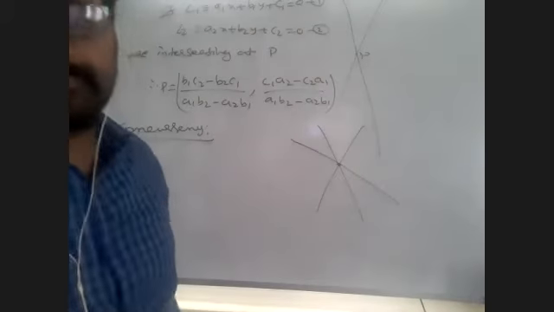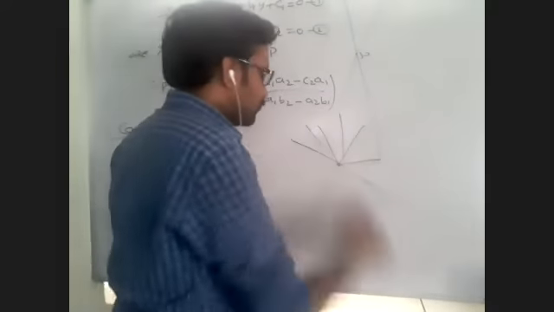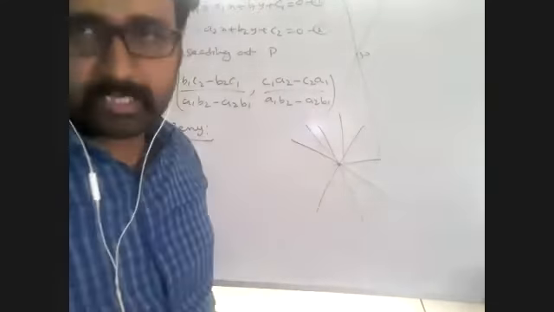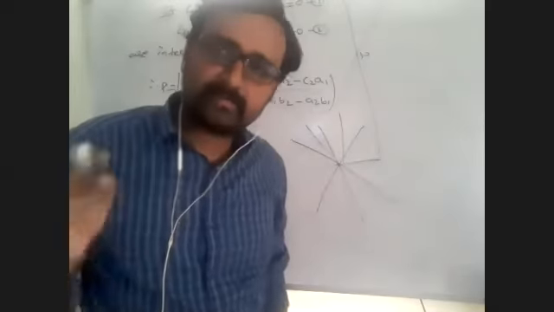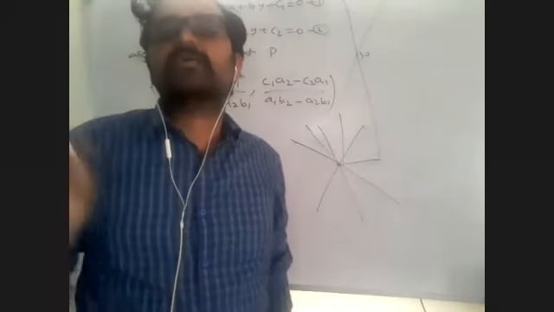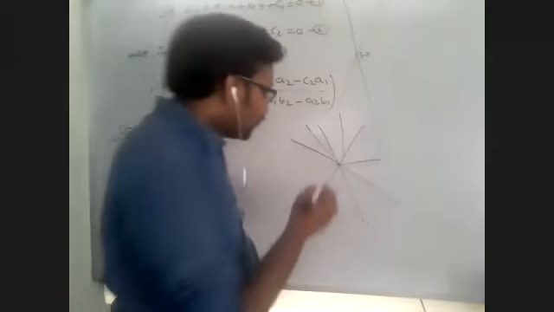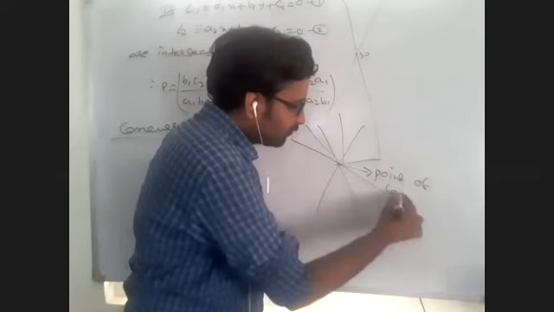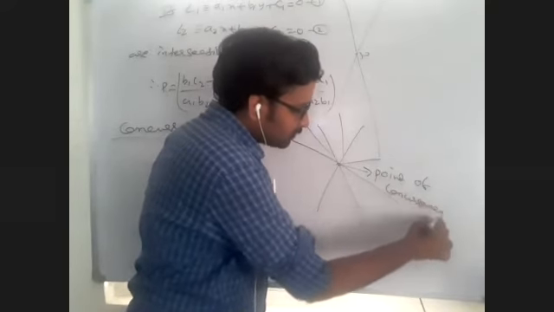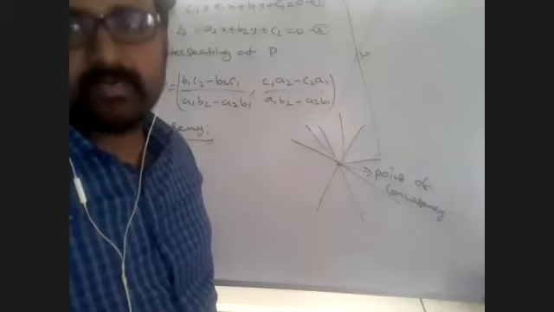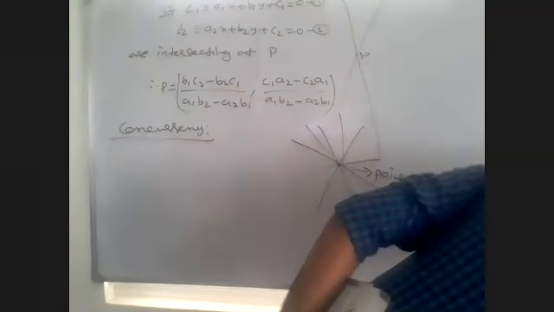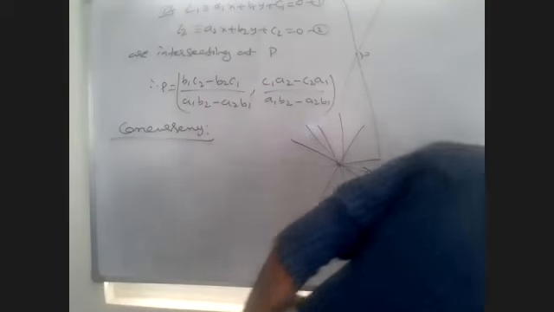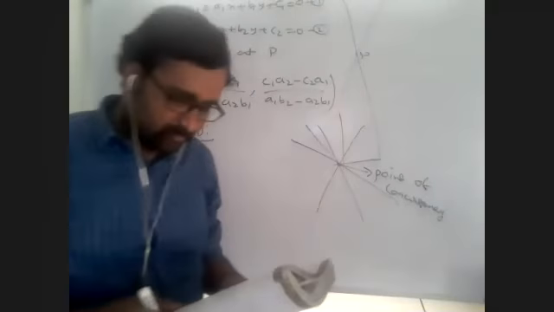Three minimum or more lines passing through the same point are called concurrent lines, and the point is called the point of concurrency.